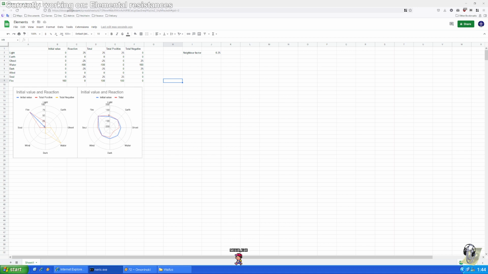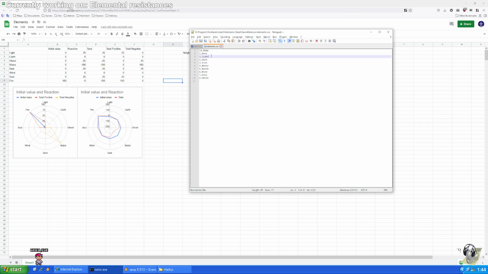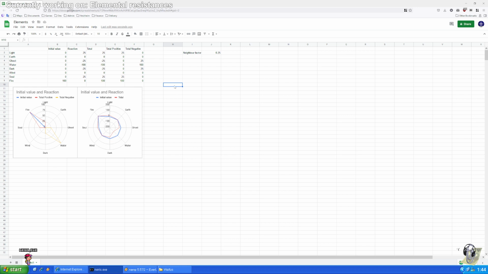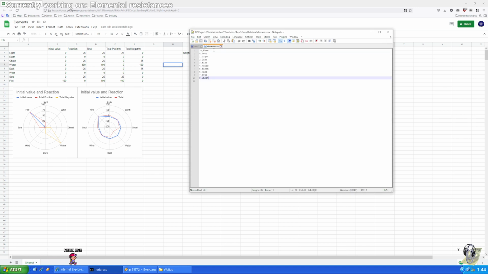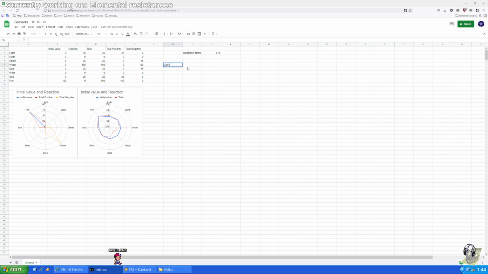Now, let me look at the database. Yeah, it's in the original order. Light, dark, fire, water, earth, wind, soul, gust. So to make this useful, I'm gonna just do that.